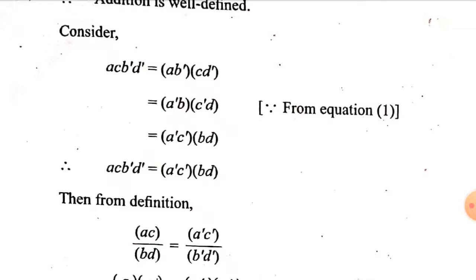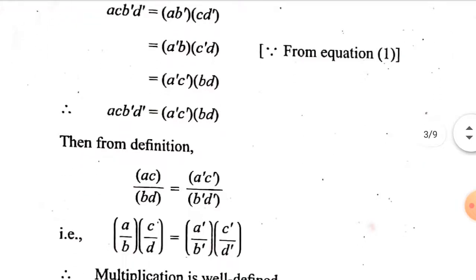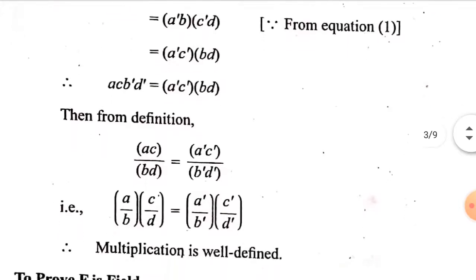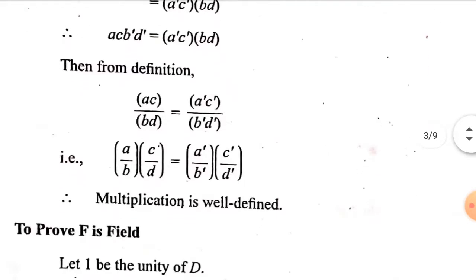Now you see here the same elements. In the next step you take bd to the left side and b'd' to the right side. Means under multiplication it is well defined.